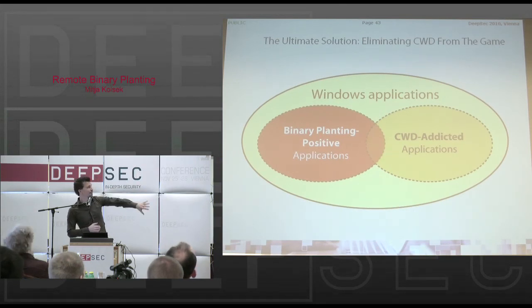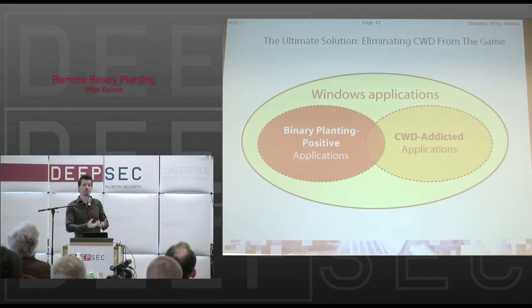So in the set of all existing Windows applications, you have a subset that are binary planting positive. That's what we call them. They are vulnerable to binary planting, which means they are loading their DLLs in an insecure way, which eventually results in them loading from the current working directory.